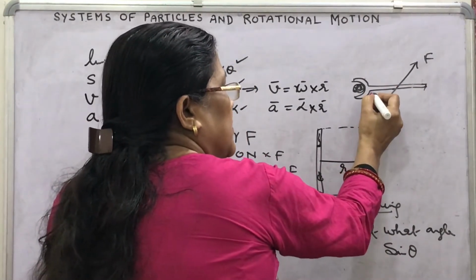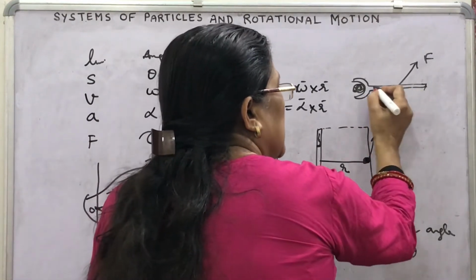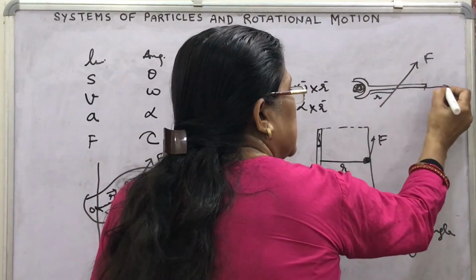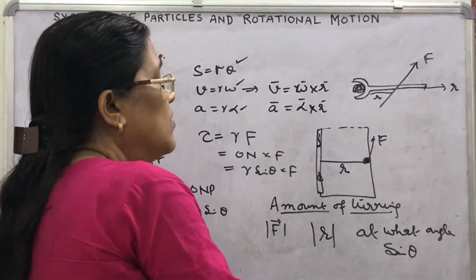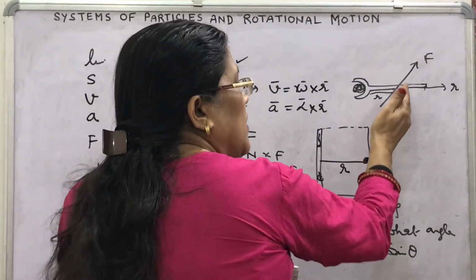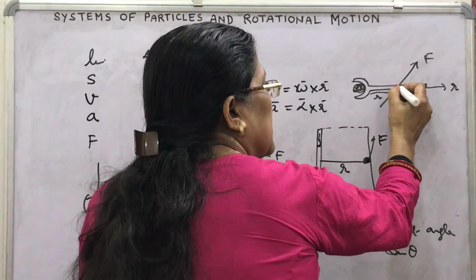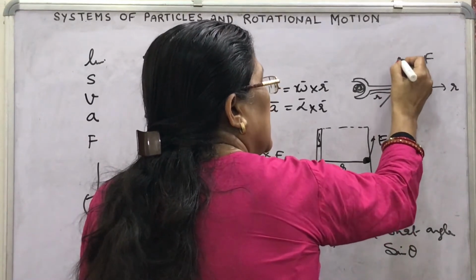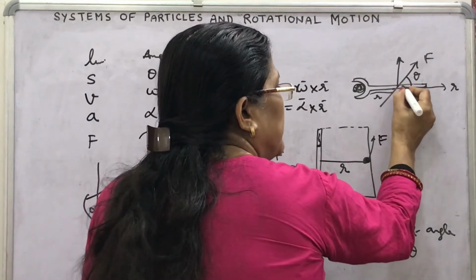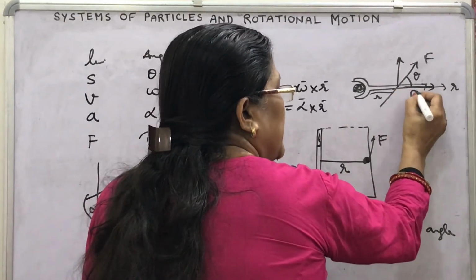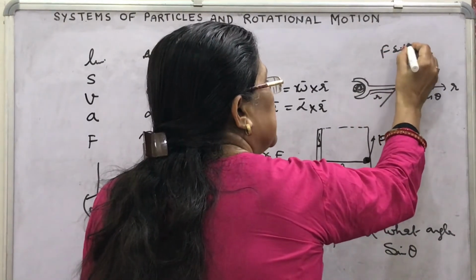From here to here, this will be R. This is the direction of the position vector R. This force will have two components, suppose R and F are directed at angle theta: one perpendicular and one parallel to R. These will be F cos theta and F sin theta.